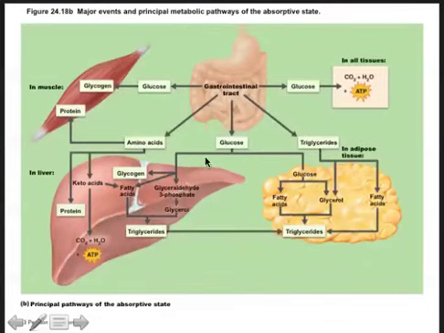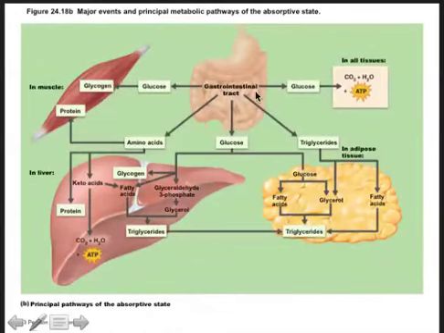Over here, we can take the glucose and send it into glycolysis, and then the glyceraldehyde 3-phosphate can be used to synthesize glycerol, which is the backbone for triglycerides. The triglycerides then can be stored as fat for later use as fuel. Over here, glucose that's shunted to the liver can be used to synthesize fatty acids, and can also be used to synthesize glycerol, and these can be used to generate triglycerides, which are stored in the fat.